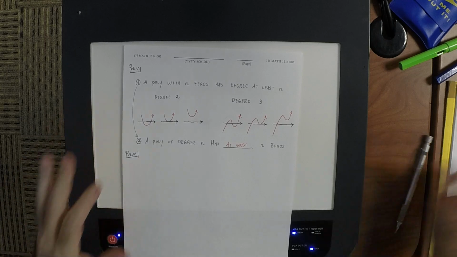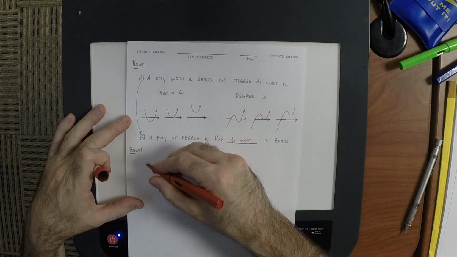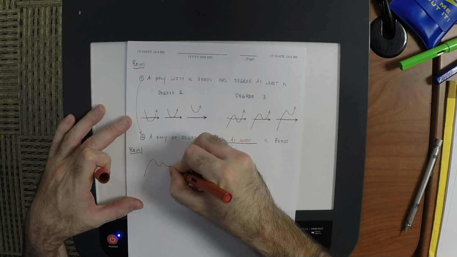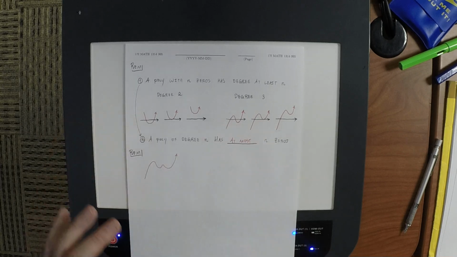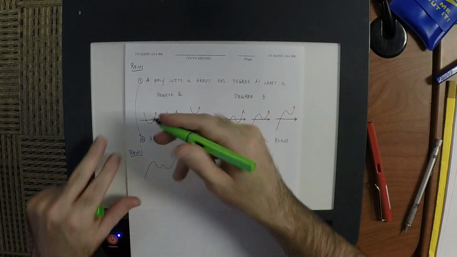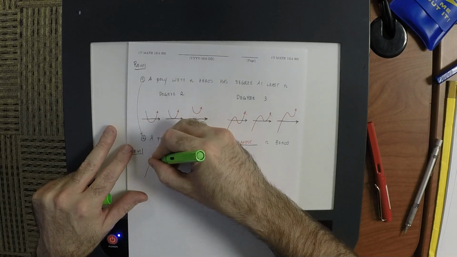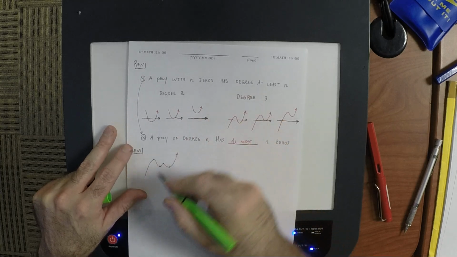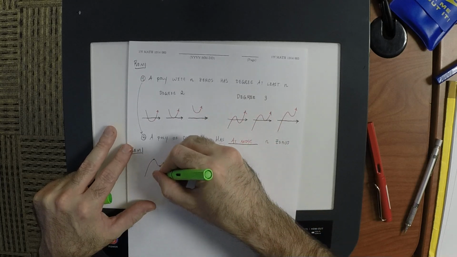For example, all of these here, so that one, that one, that one, and that one, those are all turning points.